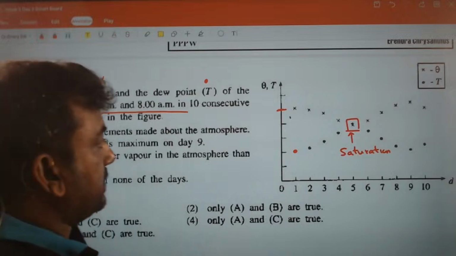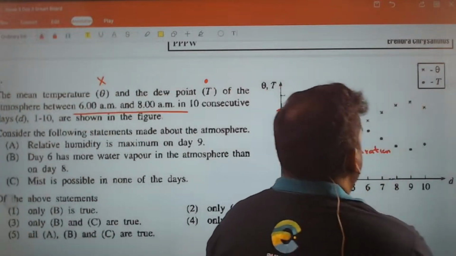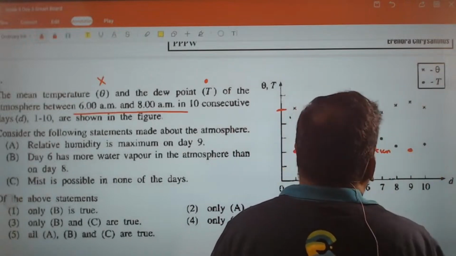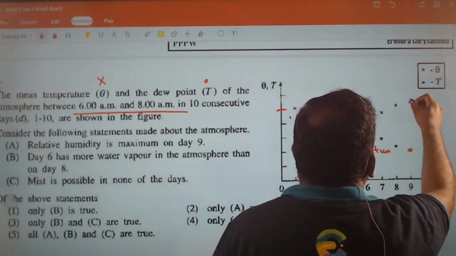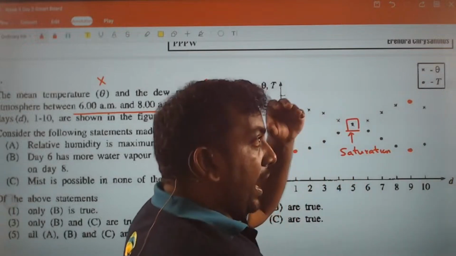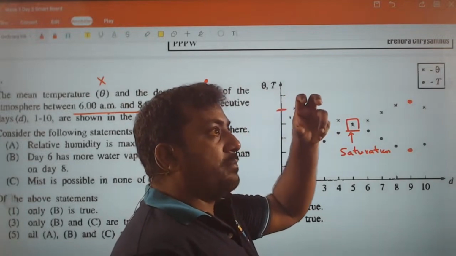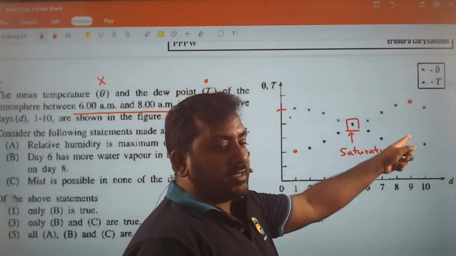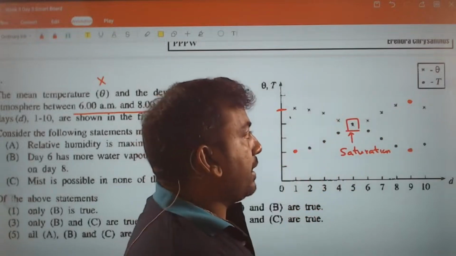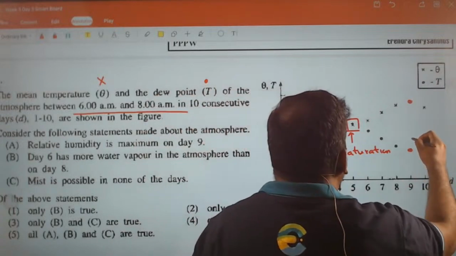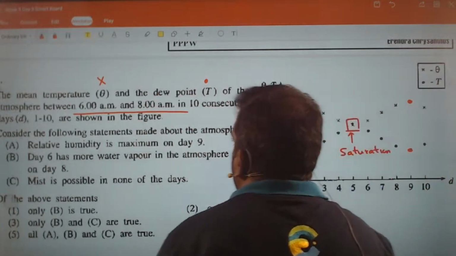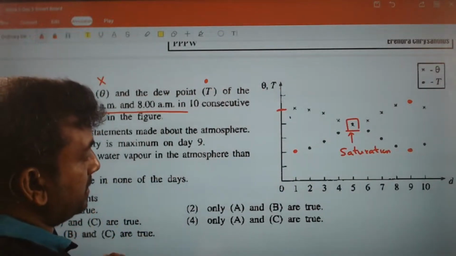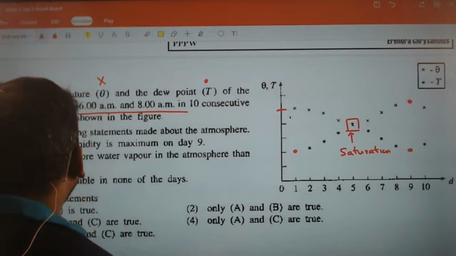Relative humidity is maximum on day number 9. Here, what can you say? Dew point temperature is low, mean temperature is high. High mean temperature means more water vapor can be kept. So, mean temperature is not equal to dew point temperature. Saturation does not take place. Saturation means the temperature at which the existing water vapor saturates.